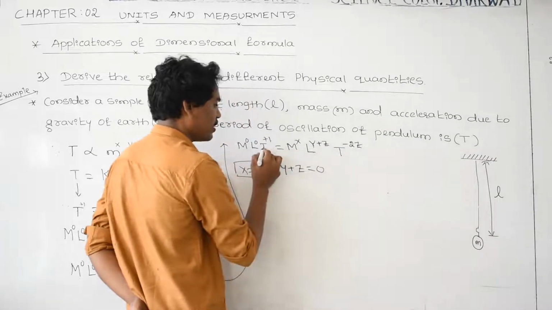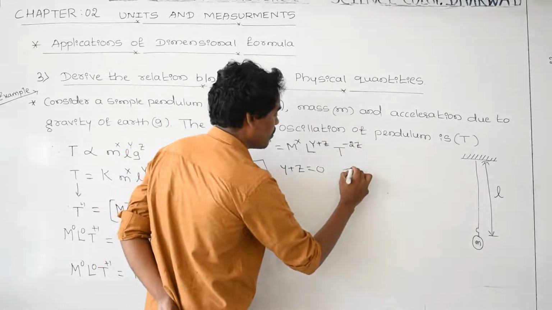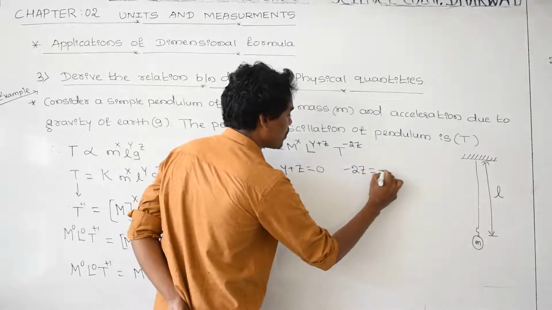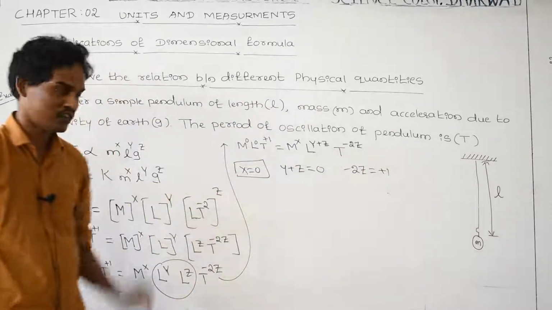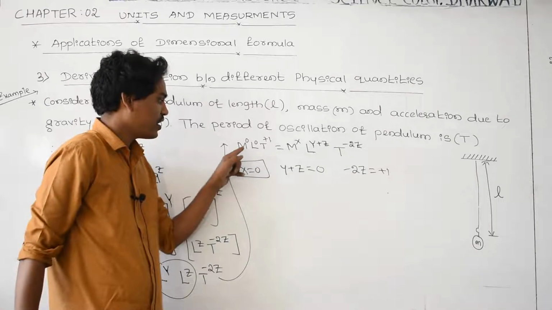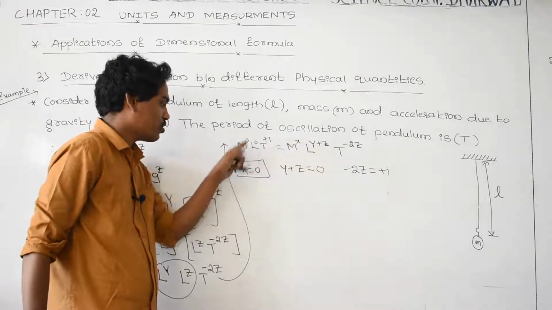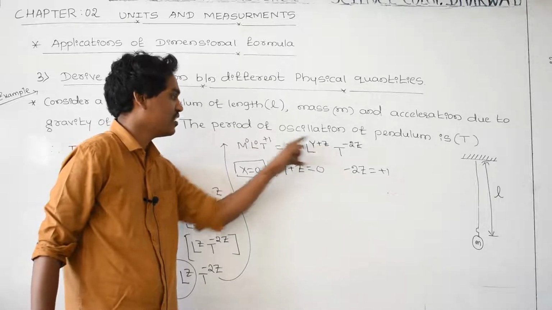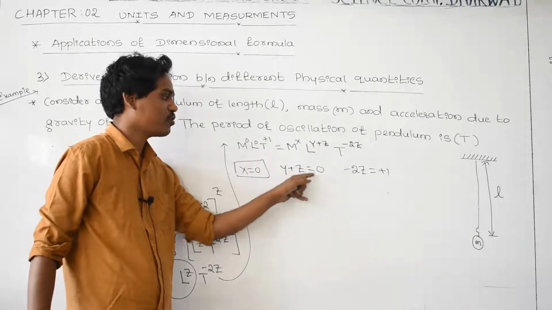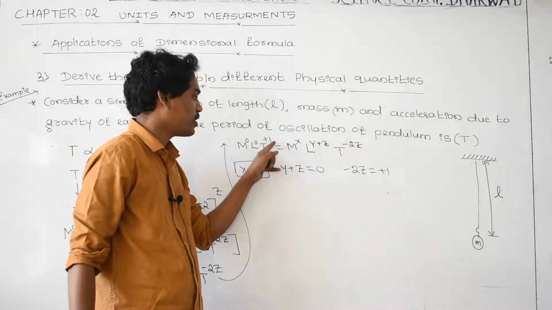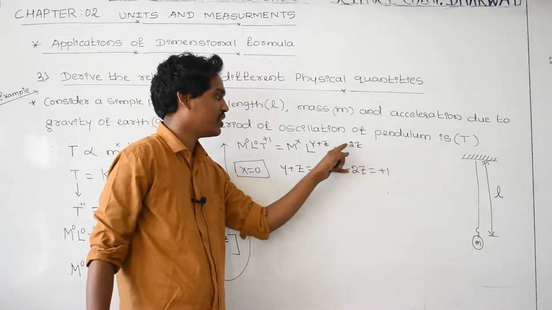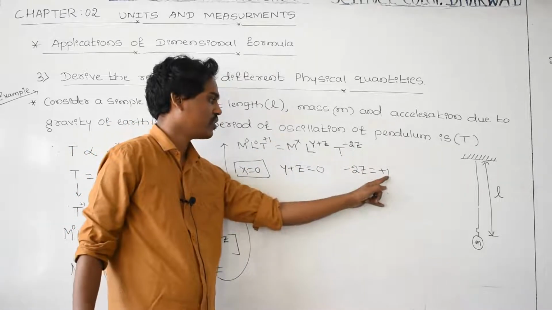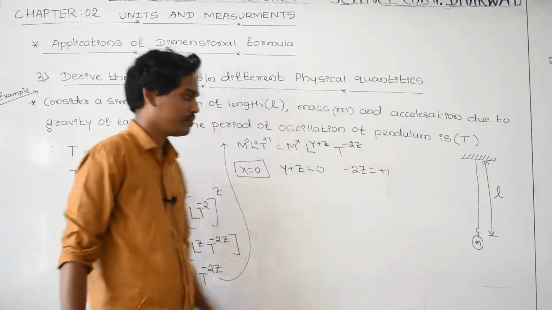T powers, equate powers, minus 2z is equal to plus 1. Don't confuse, I have taken what? M power x is equal to 0, x is equal to 0, L power y plus z, here power 0, y plus z is equal to 0, here power T raised to plus 1, here power minus 2z.